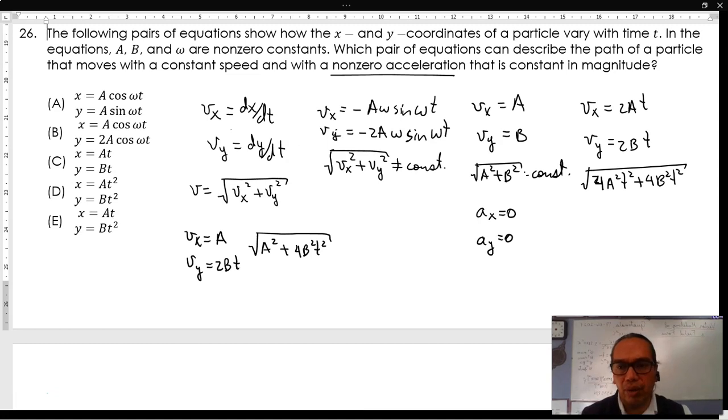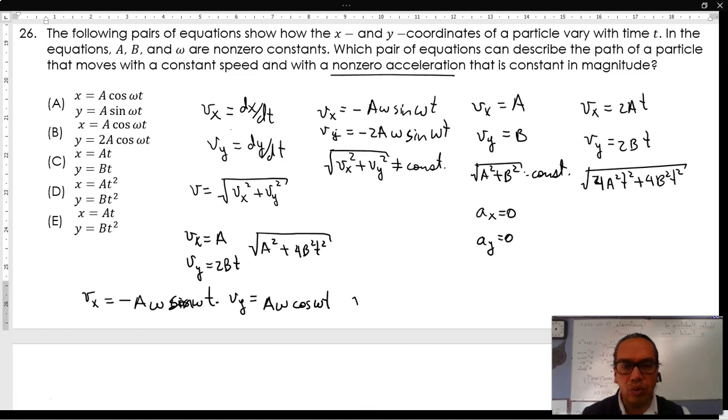Option A, however, has an x velocity equal to minus a omega sine of omega t, and a Vy equal to a omega cosine of omega t.